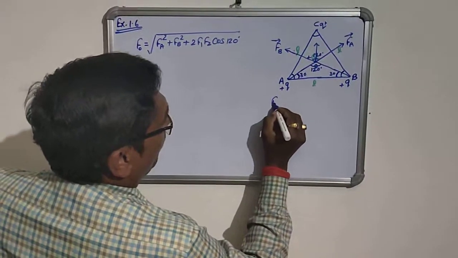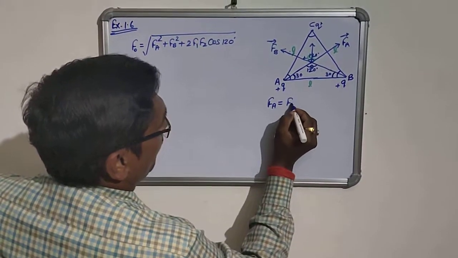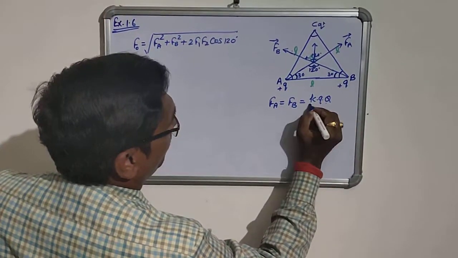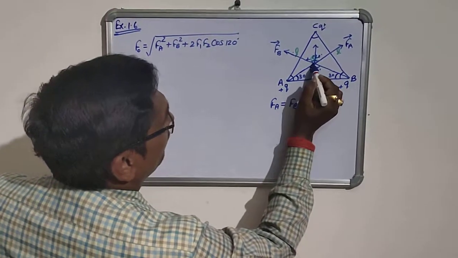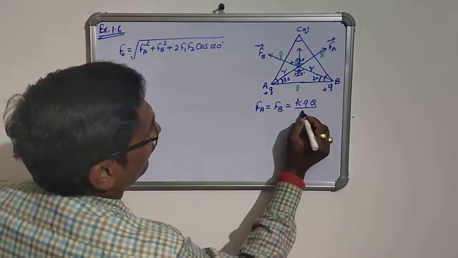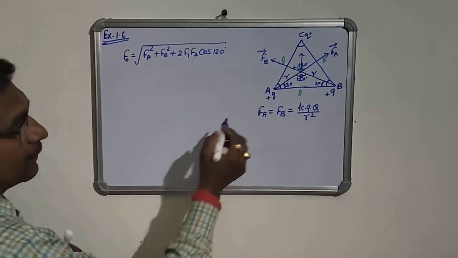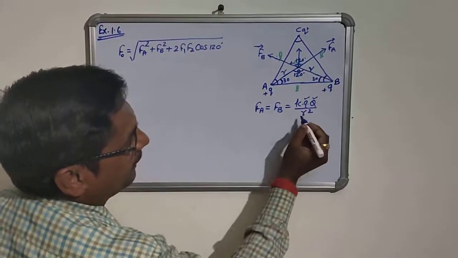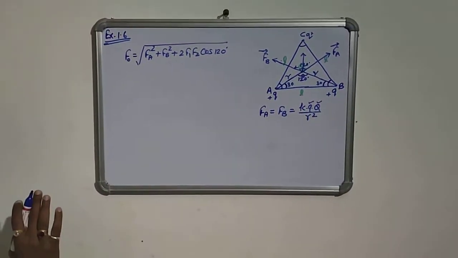Magnitude of force Fa is equal to Fb is equal to kQ upon r square, let the distance from A to O be r. Similarly, this distance is also small r. The magnitude of both forces are equal because the magnitude of charges are equal and distances are equal.